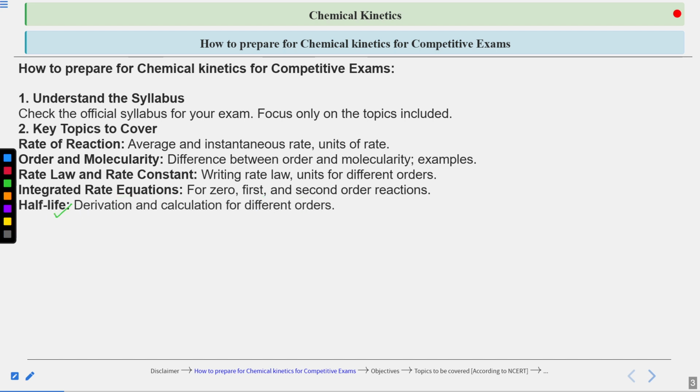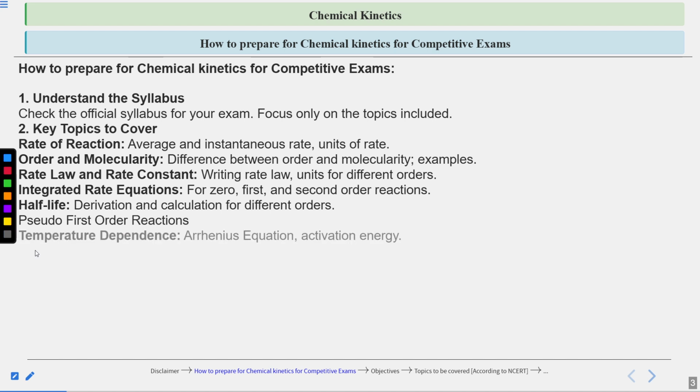Then half-life. Half-life is also a key topic, in which the derivation and calculation of half-life for different orders of reaction will come. And also we will talk about pseudo first order reactions, and then temperature dependence, that is, how different factors depend on the temperature and in which manner.